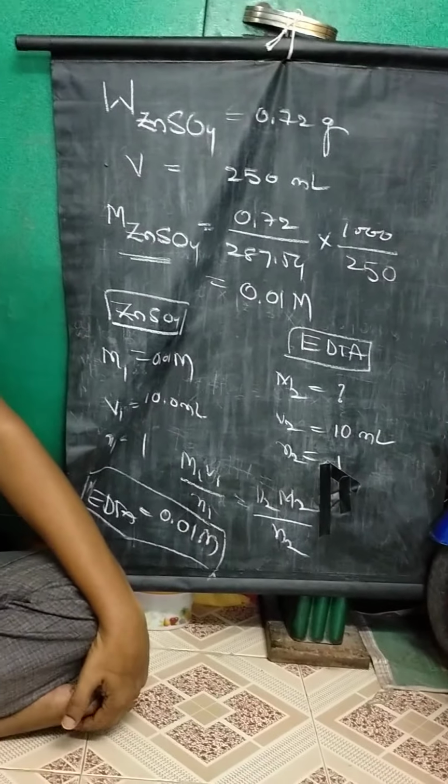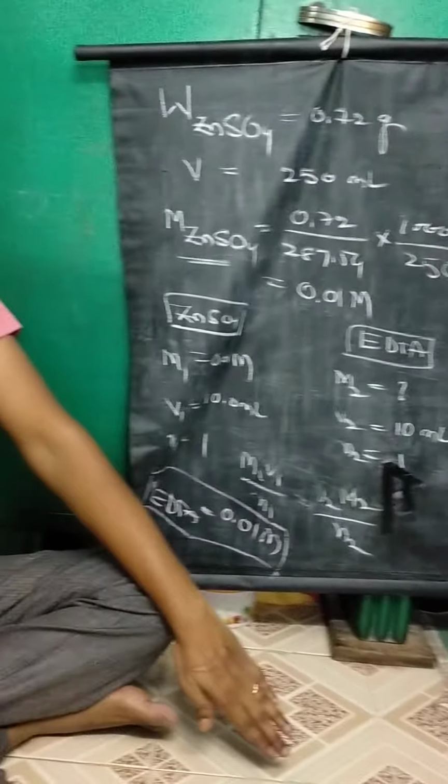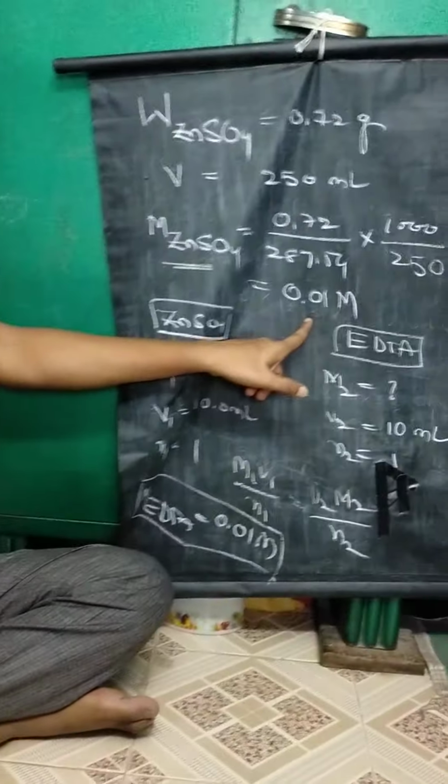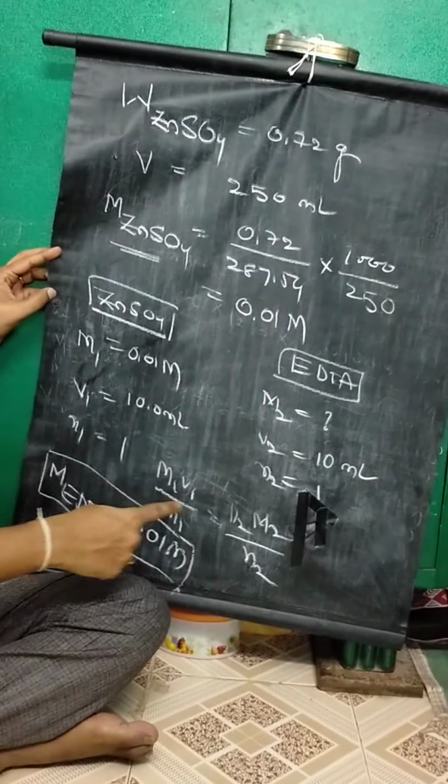In the problem, the second line is 10 ml of such zinc sulfate is titrated against EDTA solution and the concurrent reading is found to be 10 ml. Full stop. So directly the molarity is not given. You have to find the molarity of EDTA by using the data given as I did it. So you got the molarity of zinc sulfate here, and then you write zinc sulfate and EDTA as I am showing on the board.